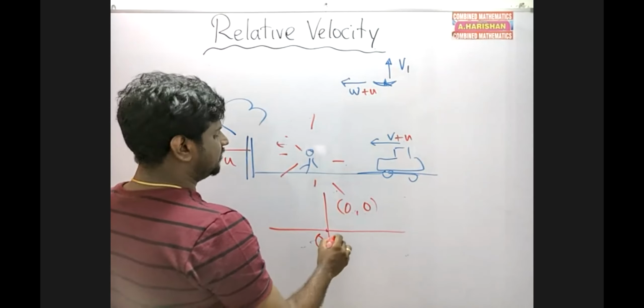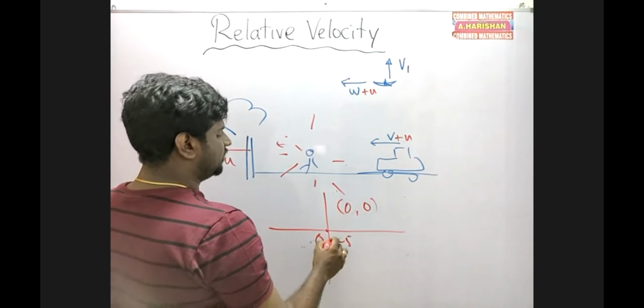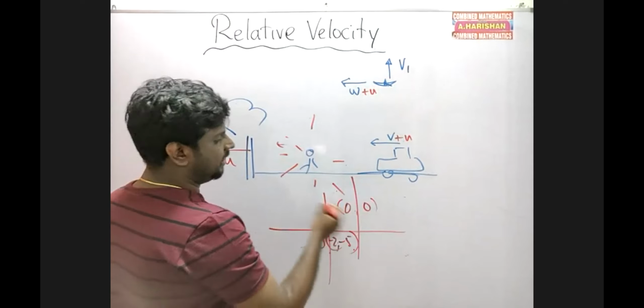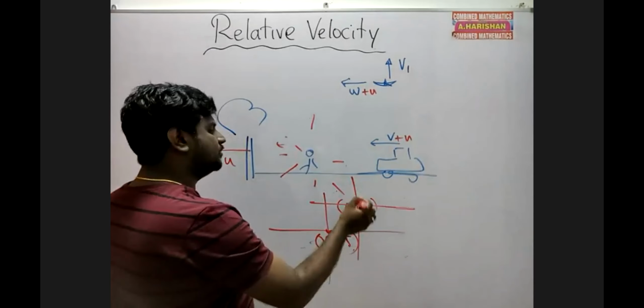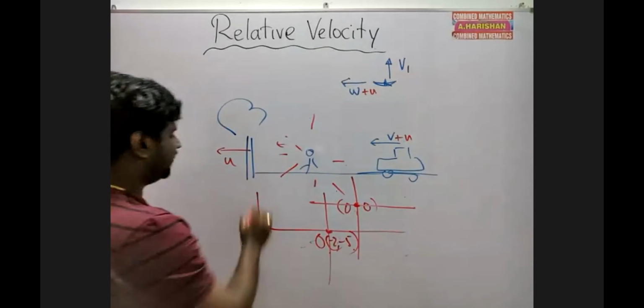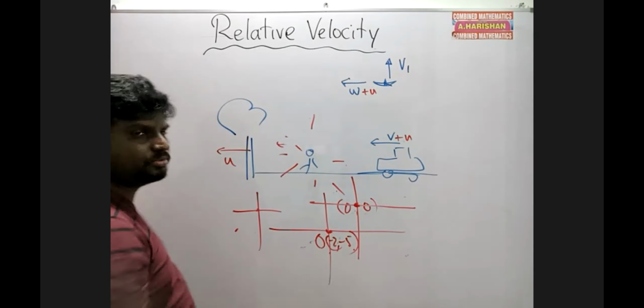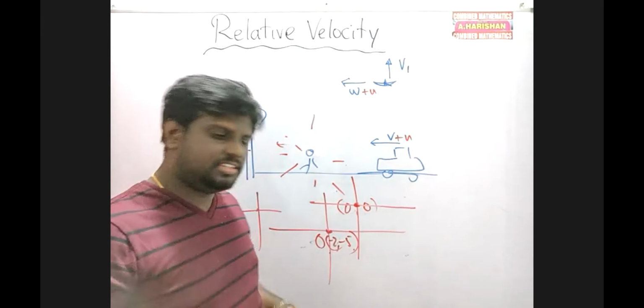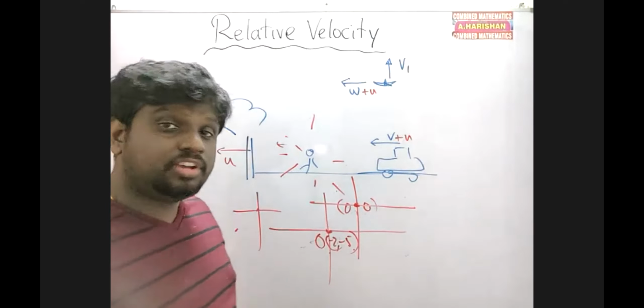Here, this becomes 0 minus 5, minus 5, 0 minus 2, minus 2. So this point becomes (-2,-5). The axis will be shifted to this place. If the axis is here, this point is (-2,-5). Correct, right? So changing the axis or changing the points, anything can be done according to the frames.